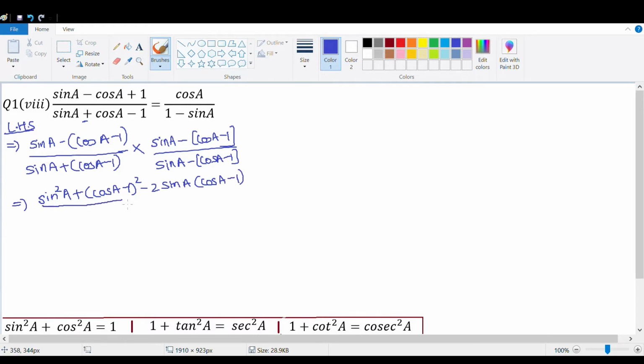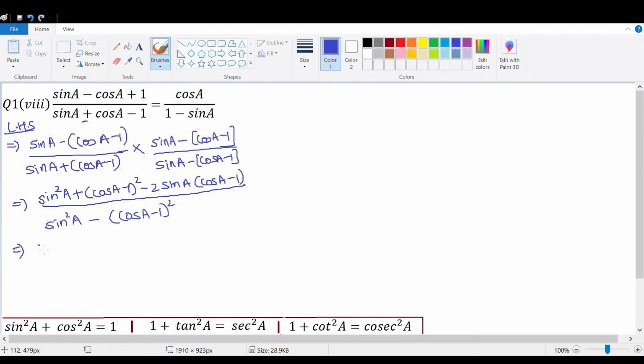Done. And the denominator becomes x plus y into x minus y, which becomes x square, in this case sine square A, minus y square, in this case cos A minus 1 whole square. Good. Now let's just open the bracket in the numerator as well as the denominator and see how this helps us.